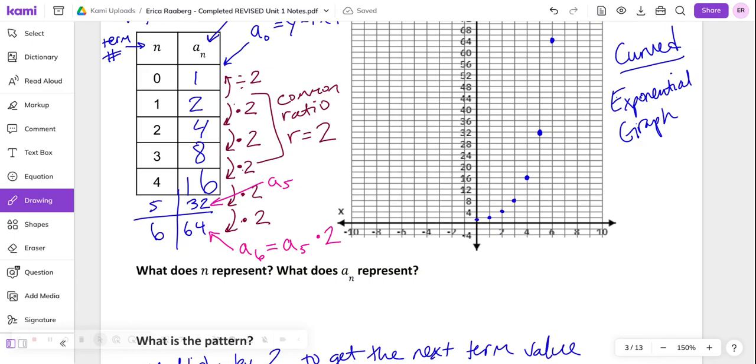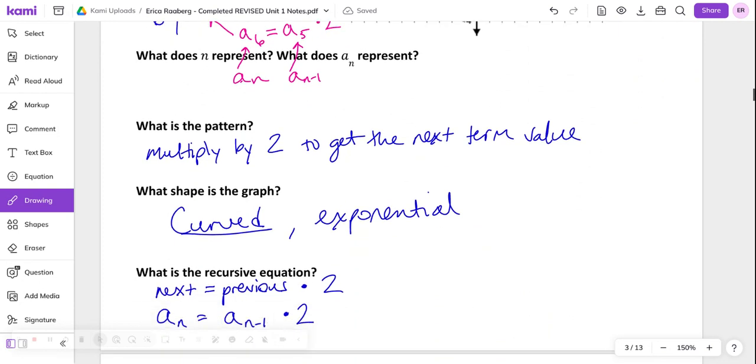And if you notice, the 6 and the 5 are 1 away from each other. So if this is a sub n, if n is 6, then n minus 1 would give us that fifth term, a sub 5. So that is why we use a sub n and a sub n minus 1.